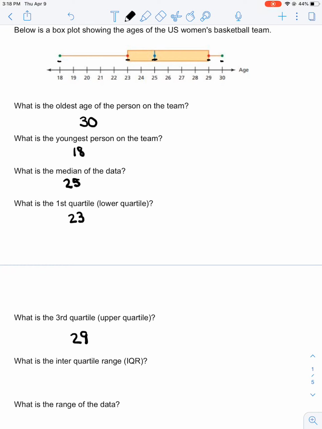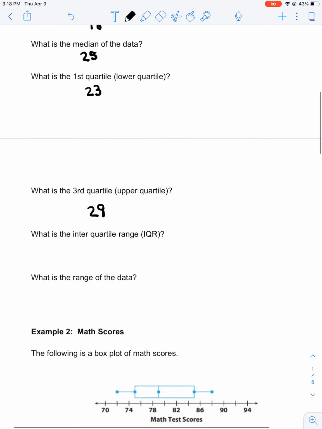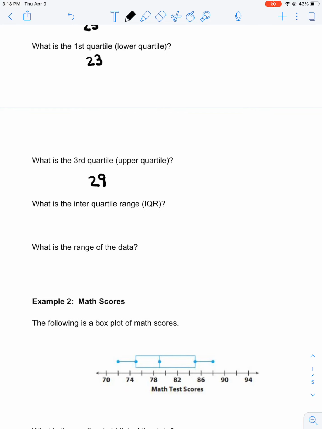And then what is the interquartile range, which is the difference between the first quartile and the third quartile. So it's the difference between the 29 and the 23. And that number would be 6.